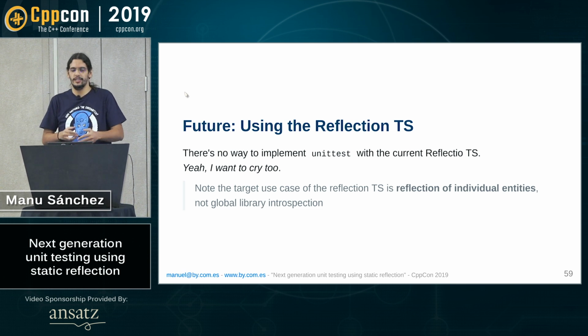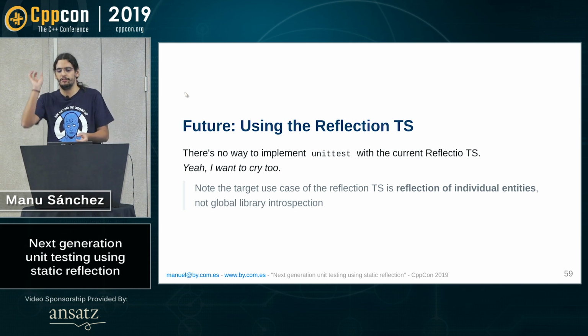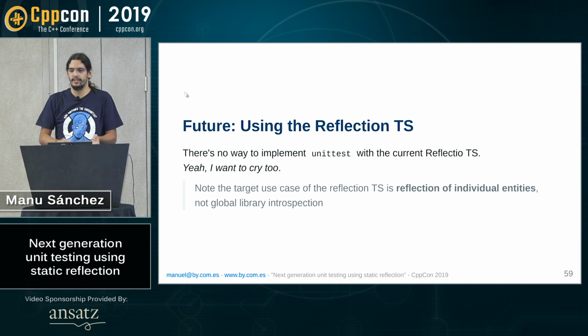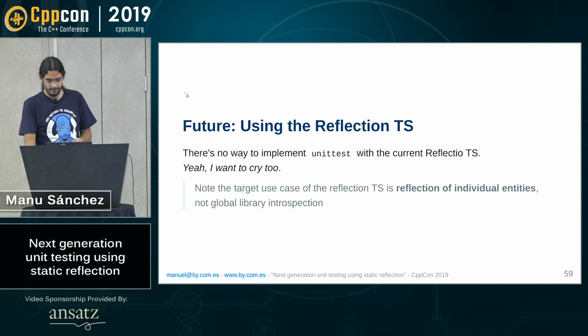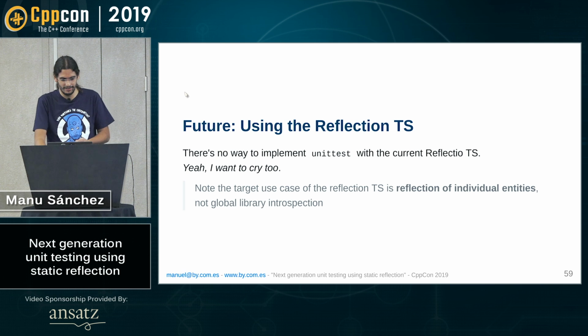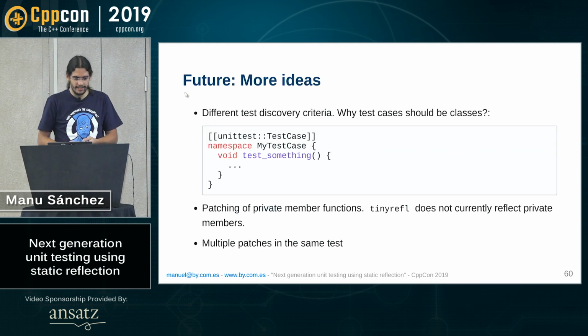Okay, so it's not designed to do full introspection of a program, of a library, no. It's designed to say, okay, here's my class, tell me what bases it has, what members it has, what constructors it has. Okay, this is not designed for this, but I think we have time to change this, so maybe with time.